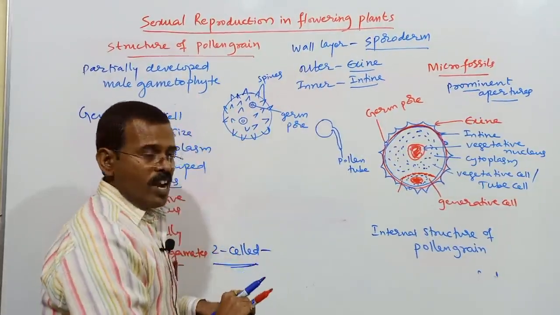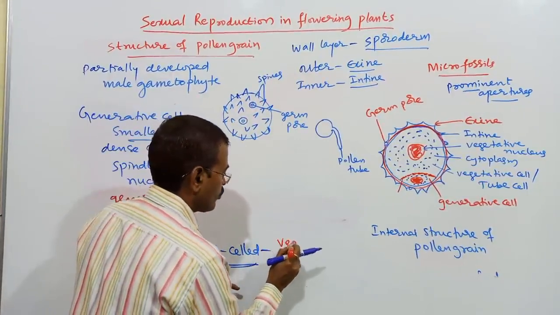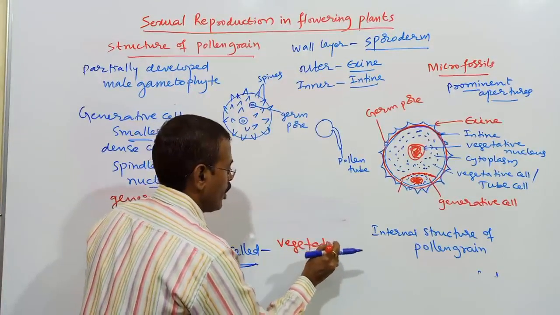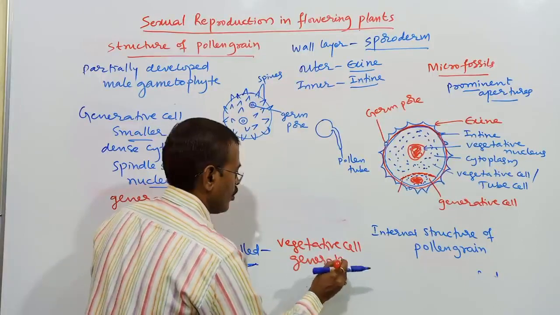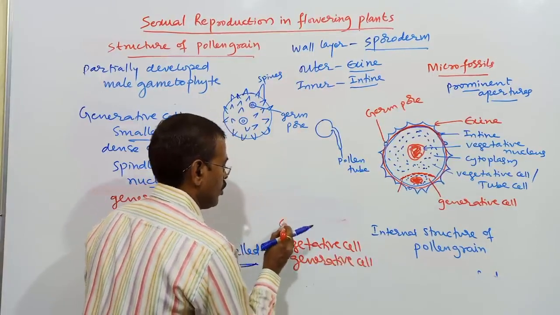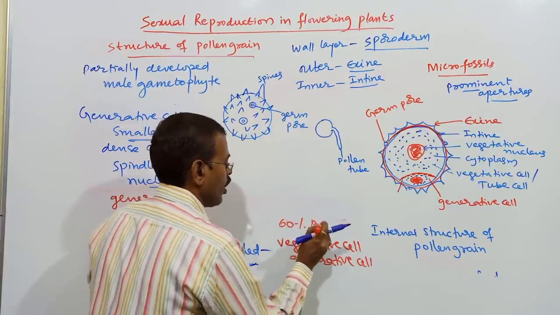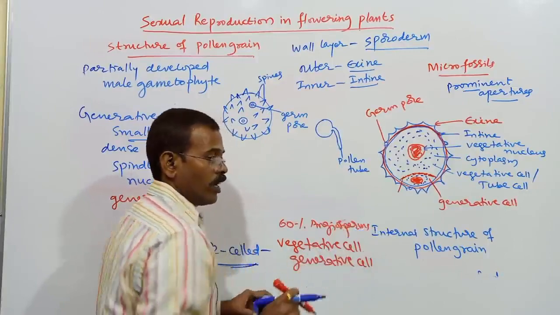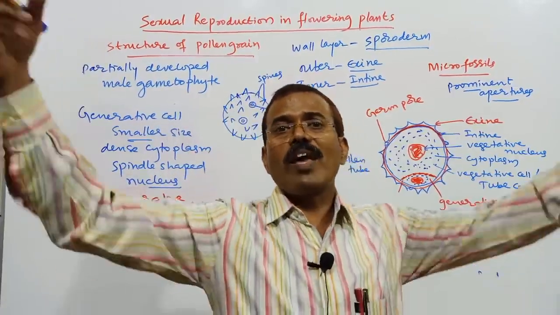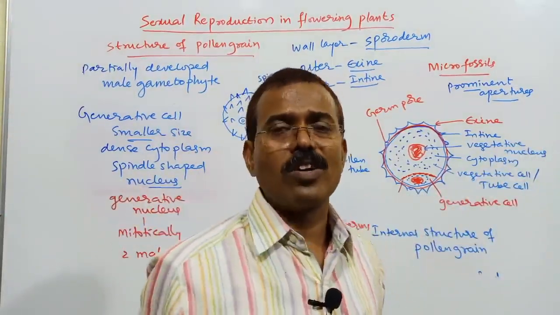In them, pollen grains released on maturity will be in two-cell stage.